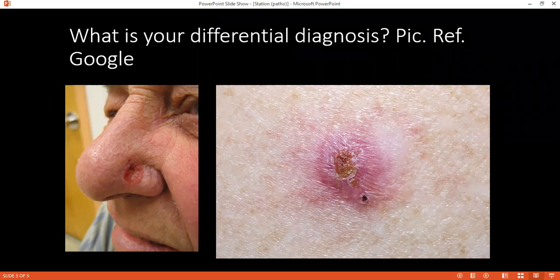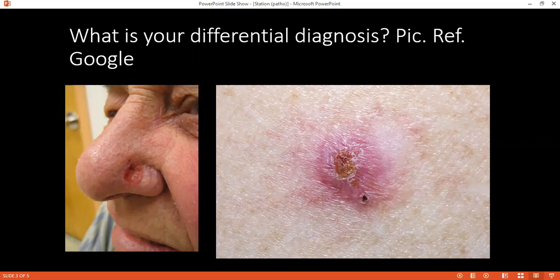Can you please tell me what are the treatment alternatives that you can offer to the patient, or what are the treatment options? Okay, treatment options in basal cell carcinoma are surgical treatment, topical treatment, or radiotherapy.